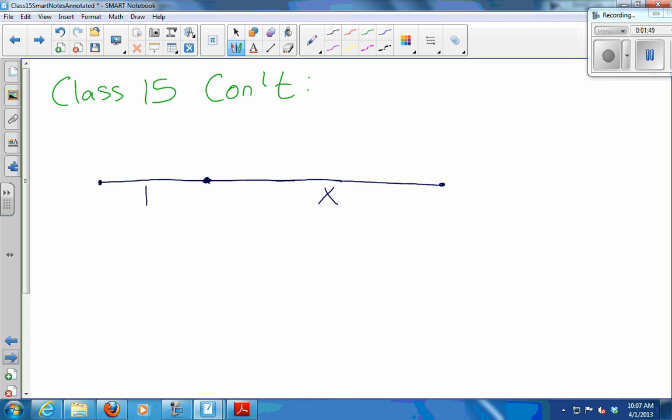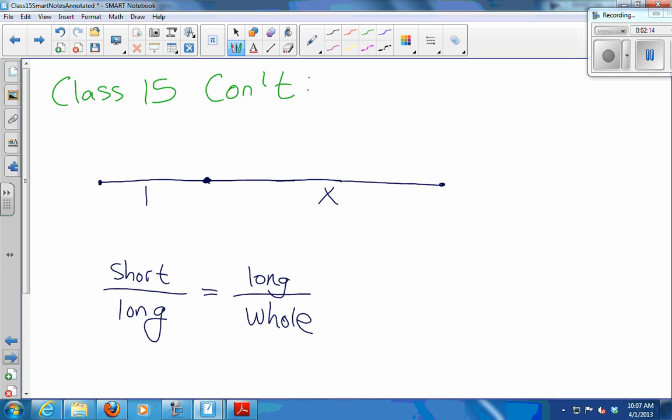So they said what would really be beautiful is if we cut this line so that the short piece to the long piece, the ratio of the 1 and the x, were proportional to the long piece compared to the whole line.